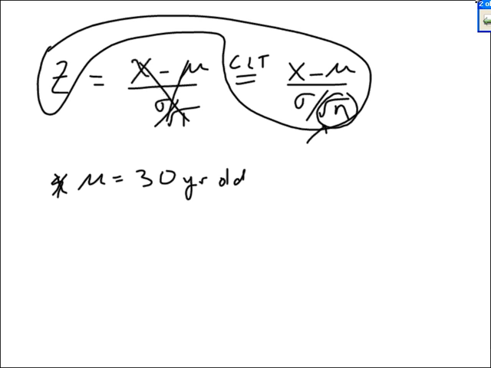We are no longer just asking a question about one person. Randomly pick one person, what's the probability they're bigger than 30? It's no longer that. We're picking more than one person. We're picking 250 people, and we're going to ask them, are they over 30? And this is the z-score to determine the probability that this is true or not.